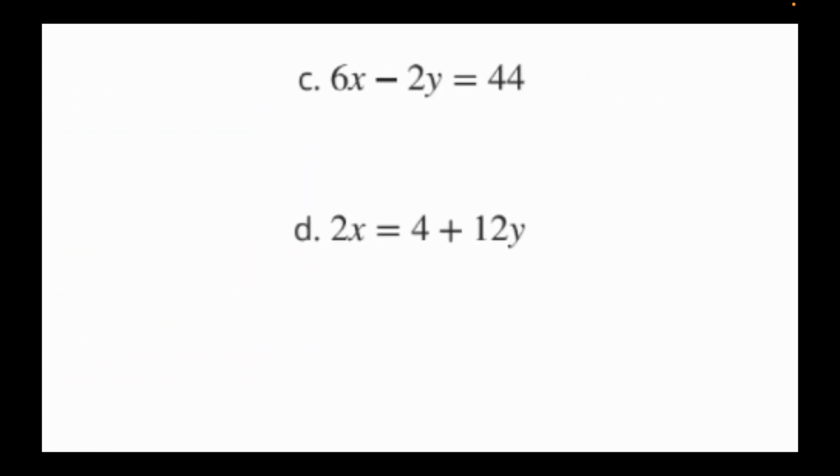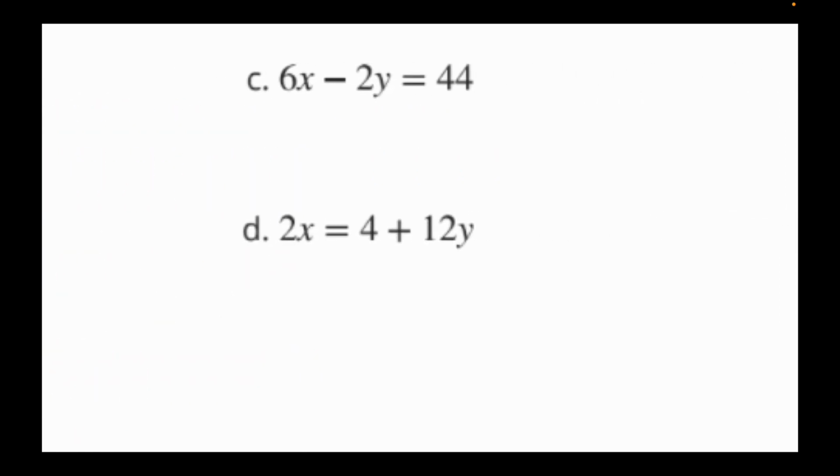Okay, let's keep moving. We're going to use this top equation first. 6x minus 2y equals 44. Let's plug in 0 for y first, and we'll just go with 6x equals 44. Now it's not going to divide evenly, and that's okay.